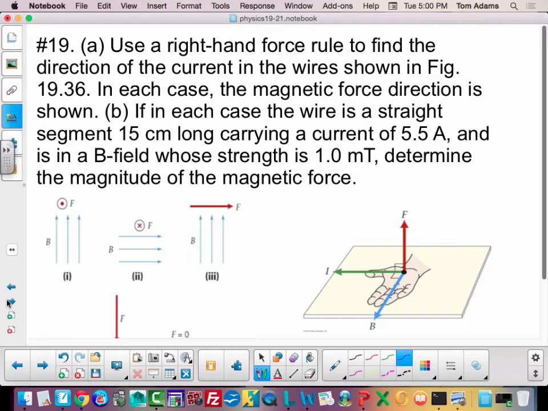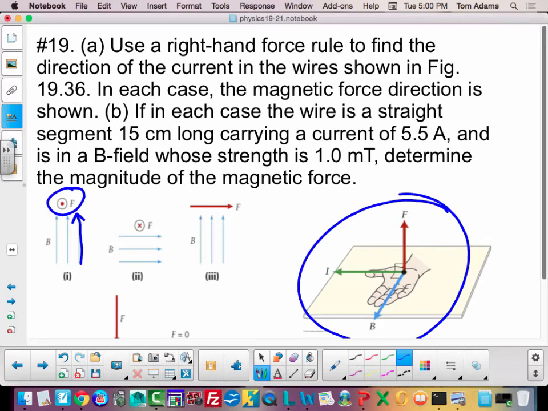Basically we're going to use this right-hand rule to determine the direction of the current. Point your fingertips in the direction of the magnetic field and the palm of your hand in the direction of the force. My palm will be facing out from the board.